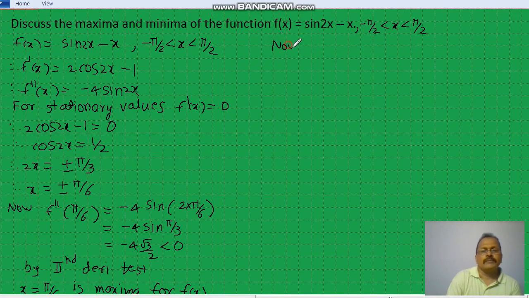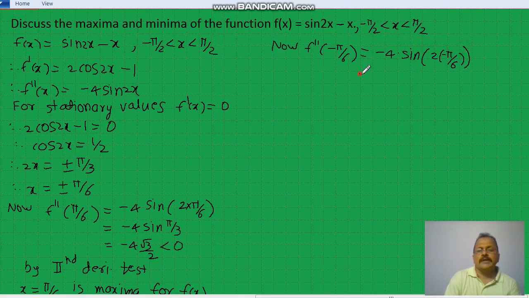Now f double dash of minus pi by 6 is equal to minus 4 into sine 2 into minus pi by 6. It is minus 4 into sine of minus pi by 3.